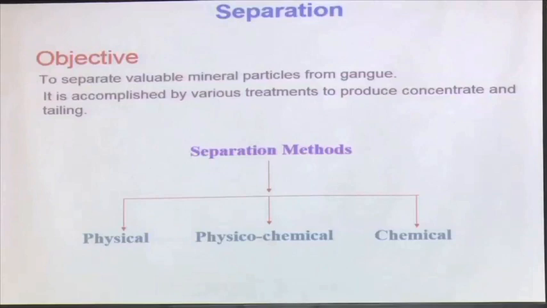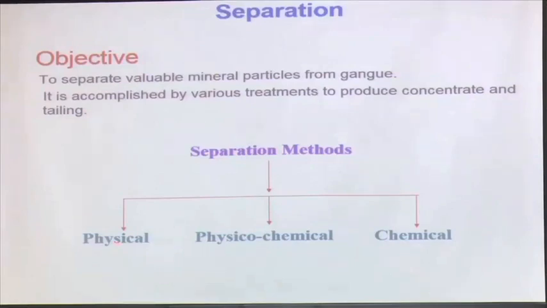Now, we have prepared my rock for a separation process. We have broken them into pieces. Now, the separation comes. How do I separate my wanted and unwanted materials? The separation methods may be grouped into 3 broad categories.